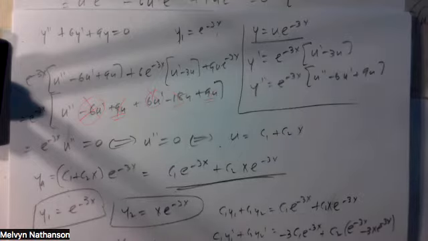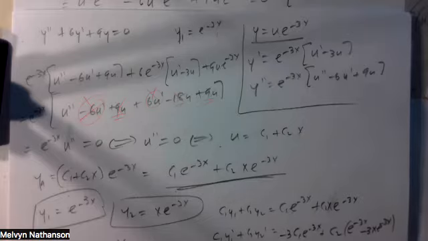So at x equals 0, this gives me C1 plus 0, and that's supposed to equal 3. So C1 is equal to 3. And at x equals 0, this gives me minus 3C1 plus C2 equals minus 1.